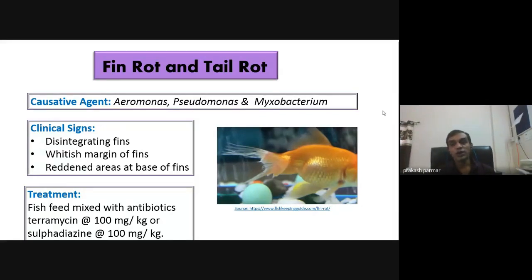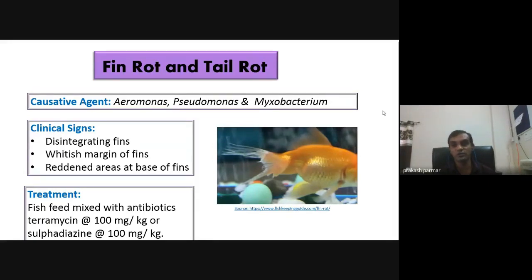the important and commonly found bacterial disease is fin rot and tail rot. It commonly occurs. The causative bacteria may be Aeromonas, Pseudomonas, or Myxobacterium. And this is the common clinical sign.